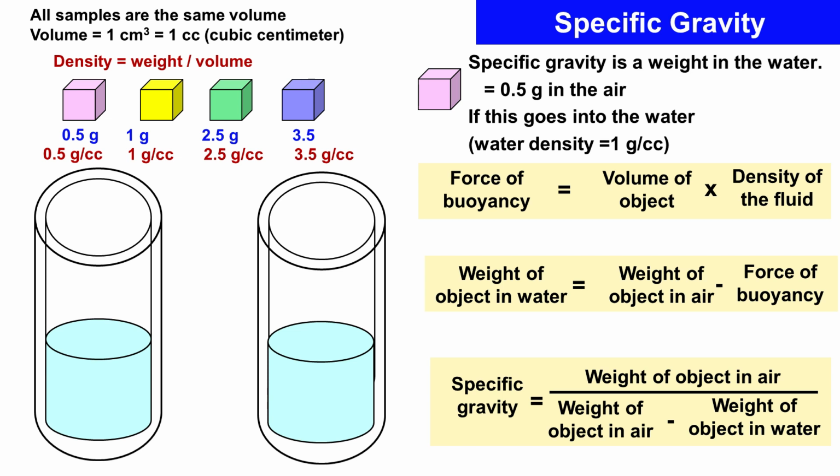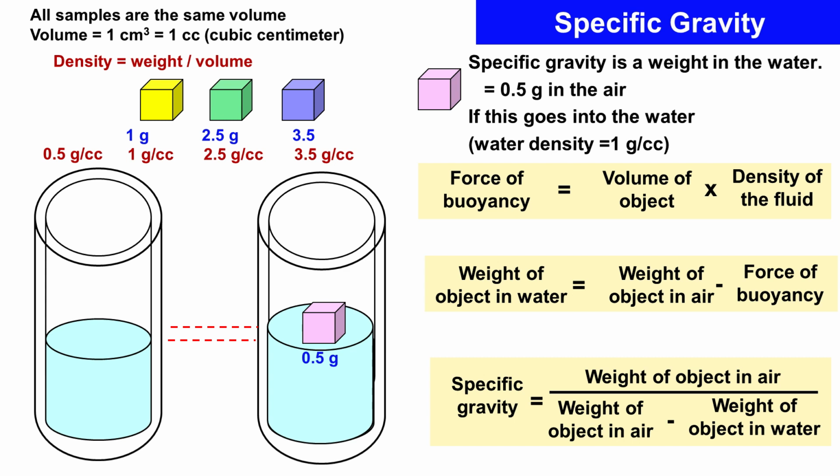Here is a cubic centimeter block of a material with a density of 0.5 gram per cc. If you place this block in a cylinder of water, the water level rises. That is, some water is displaced.